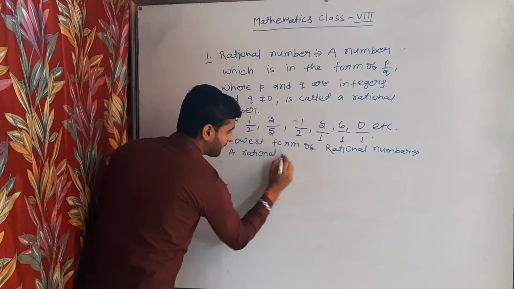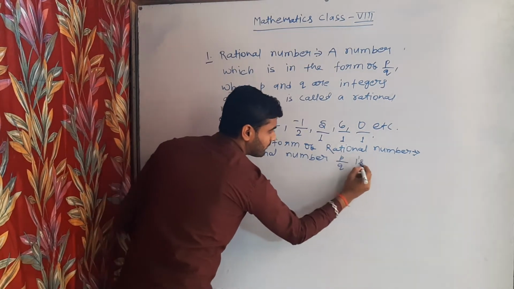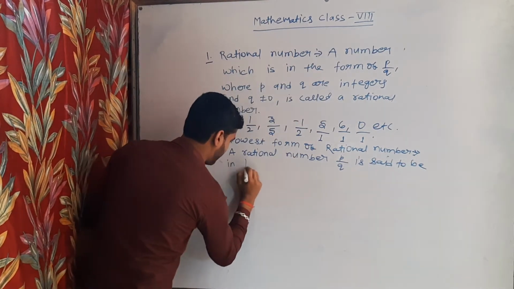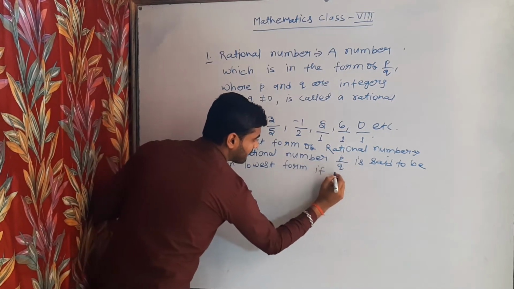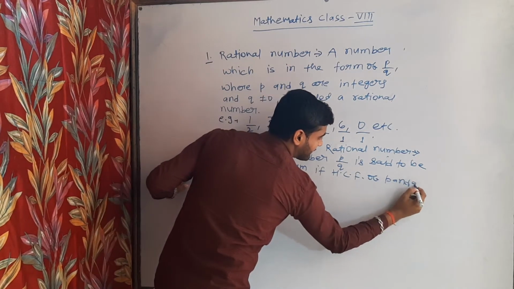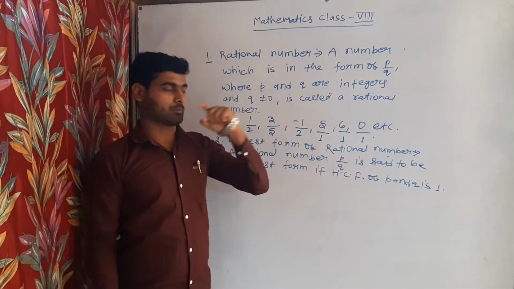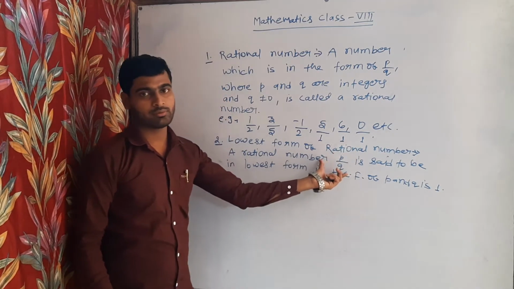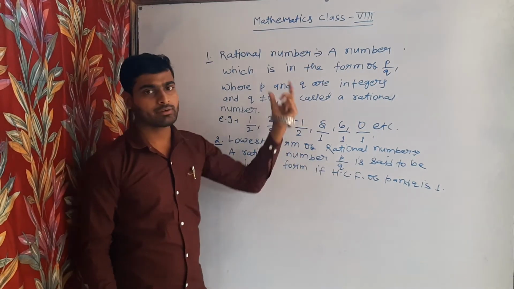A rational number P by Q is said to be in lowest form if HCF of P and Q is 1. Lowest form of rational number: if we find the HCF of P and Q and it comes to 1, then the rational number is said to be in its lowest form.